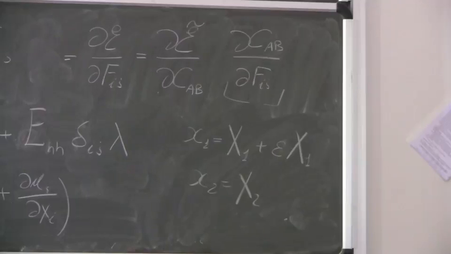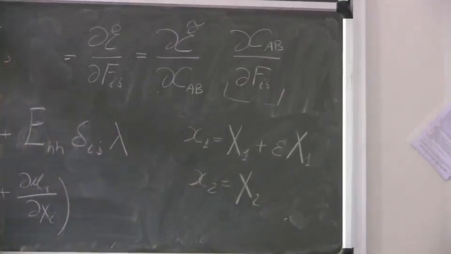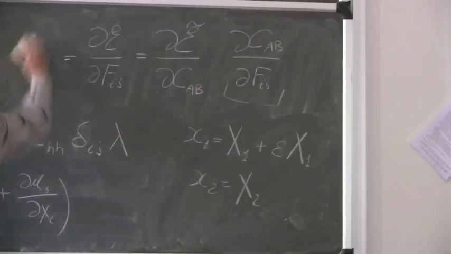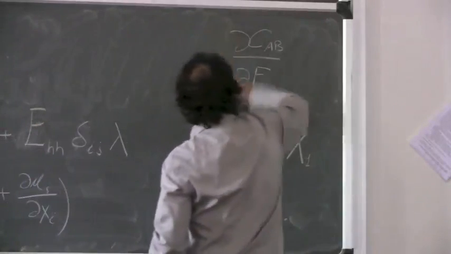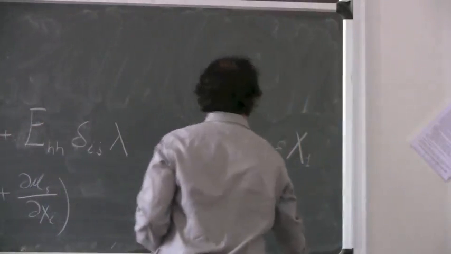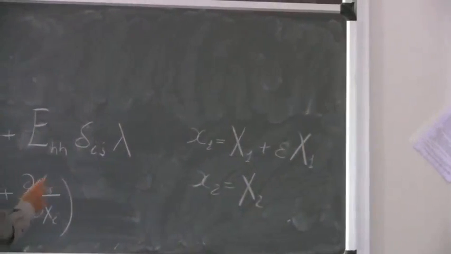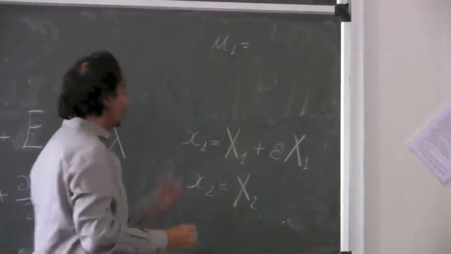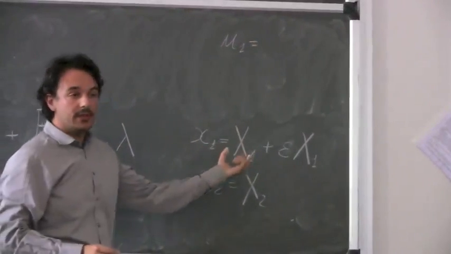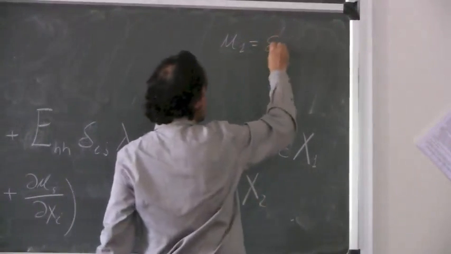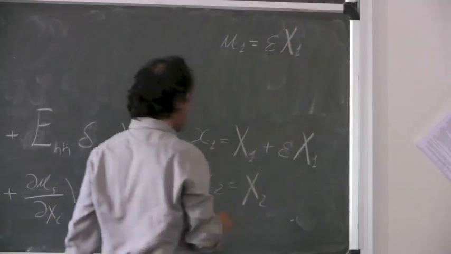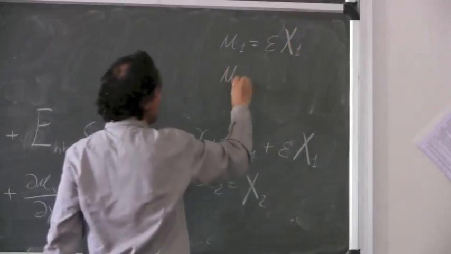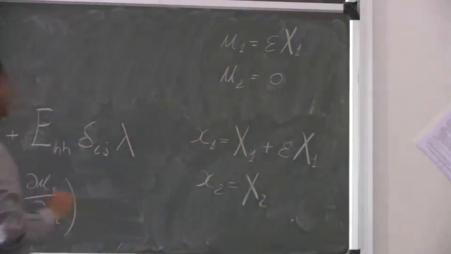First simple example. What does this mean? It means that u1 is equal to small x1 minus capital X1, that is epsilon x1, and u2 is equal to 0.